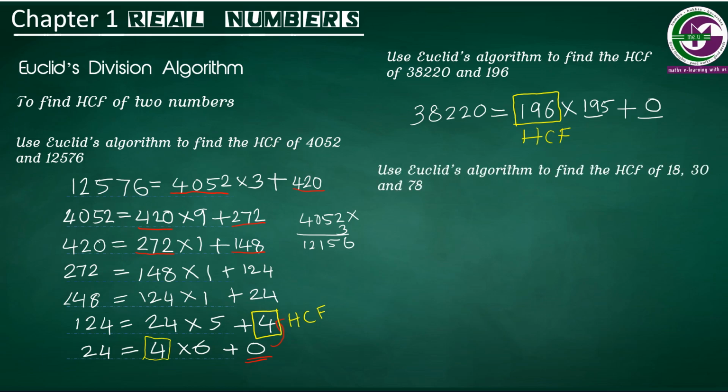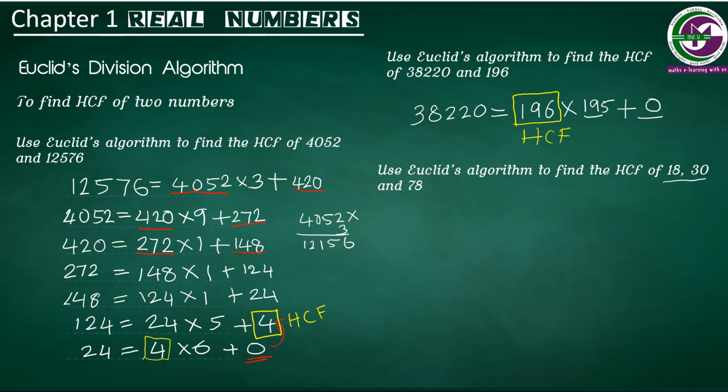One more example. Now in this question, I will explain how to find HCF of three numbers using Euclid's division algorithm. For this, the first step is to select two smaller numbers. Which are the two smaller numbers? 18 and 30. Out of that, 30 is the bigger number. So first we'll do for these two numbers.